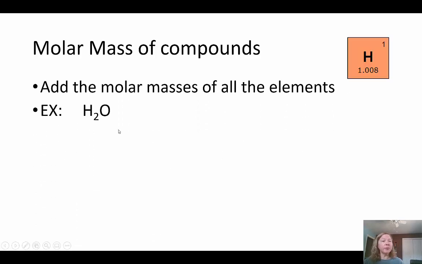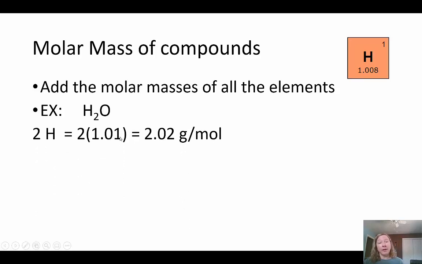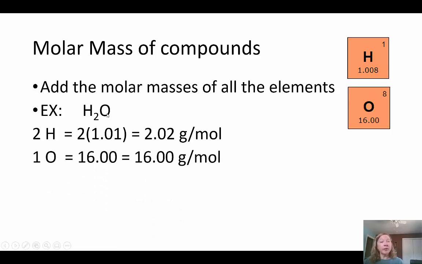For our water example, we've got 1.01 as the molar mass of hydrogen. We have 2 hydrogens, so 2 times 1.01 would be 2.02 grams per mole. That's for the hydrogen part of the water. We also have the oxygen part. Oxygen is 16.00, so the molar mass of oxygen would be 16.00 grams per mole.